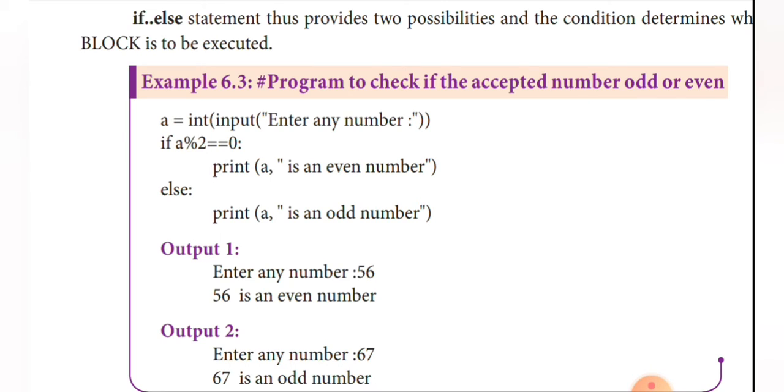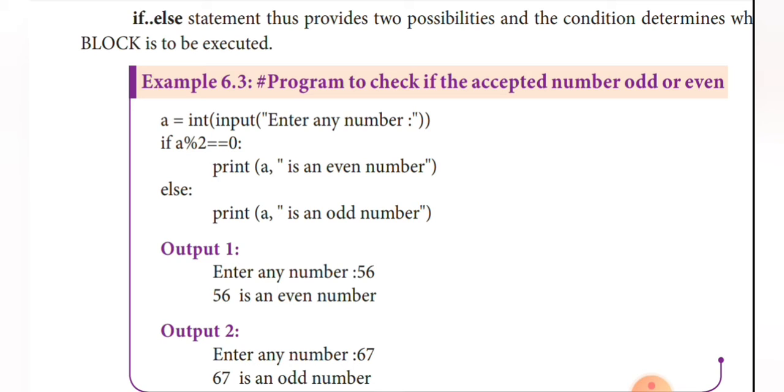If you get the remainder 1, then you can say this is an odd number. When you get the remainder 0, then you can say this is an even number. So you want to compare the remainder value, and for that we are using the modulus operator here. If a % 2 == 0, when this condition is true, then the given number is an even number.